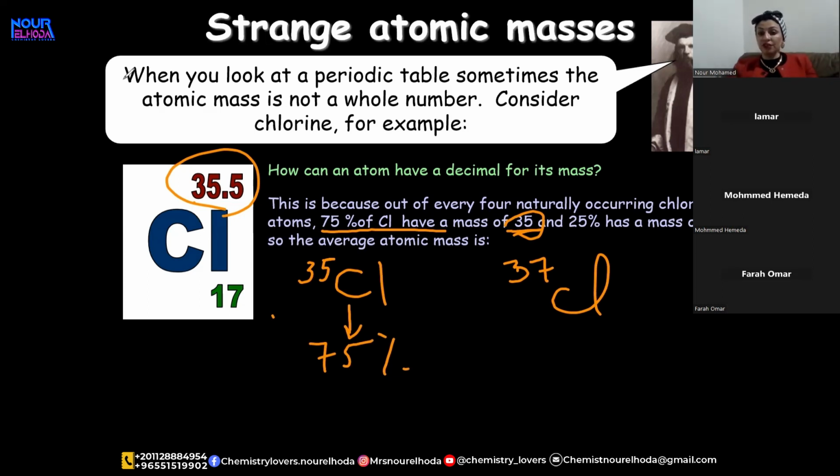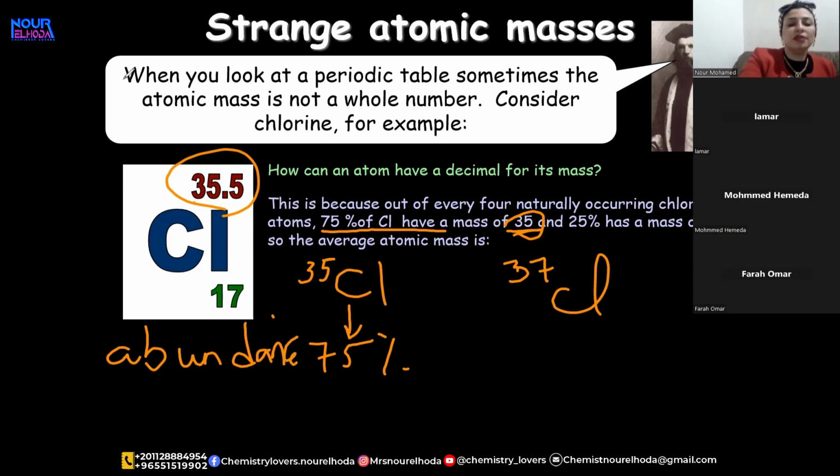This is going to be given. It is the abundance. What do I mean by the word abundance? Abundance means the percentage: how much is chlorine 35? Since it is 75, we call this abundance. The percentage of chlorine 37 is 25%.